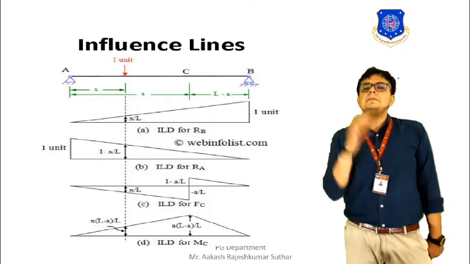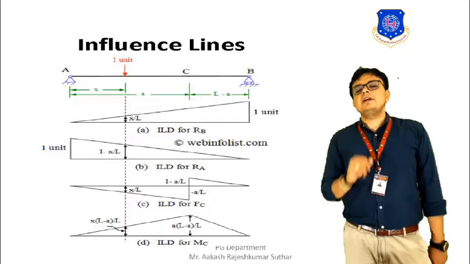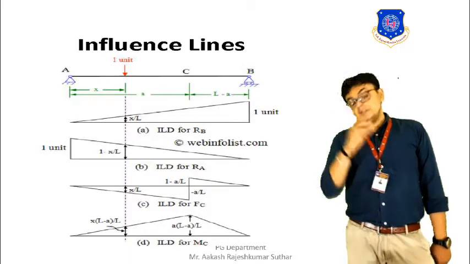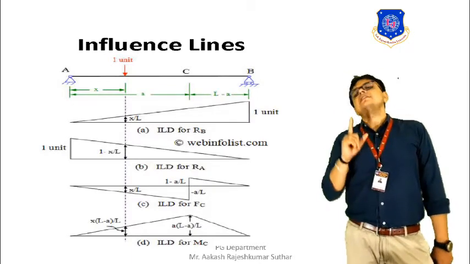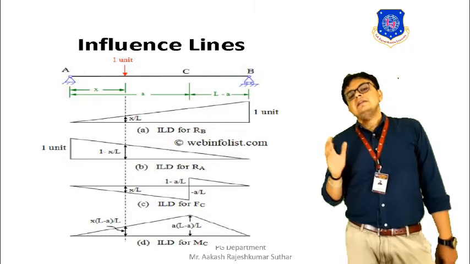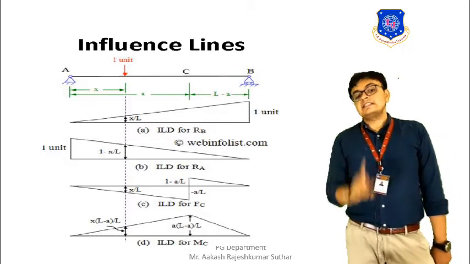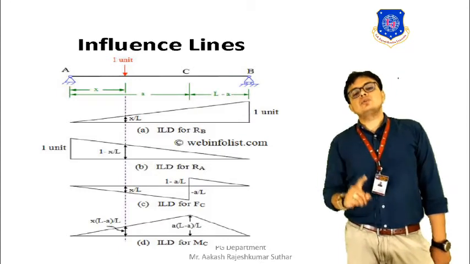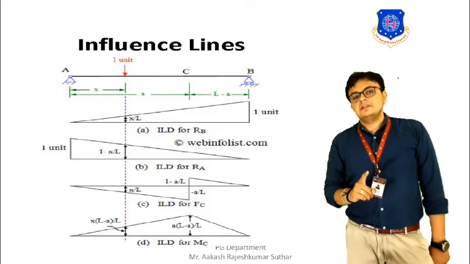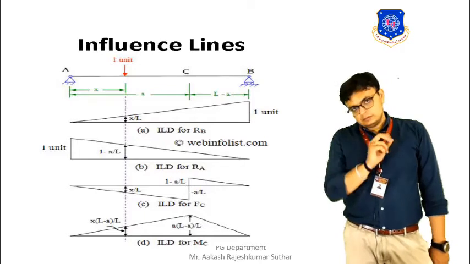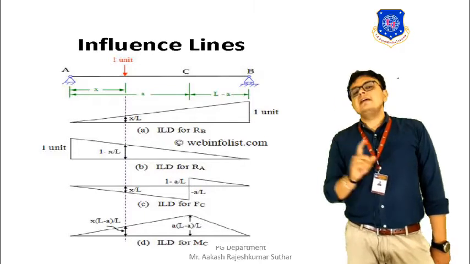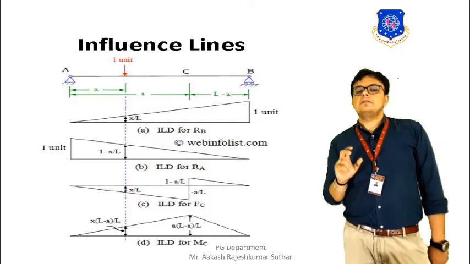When the reaction at B is equal to 1, the value will be unity at point B, and it will be 0 at A, and at distance x it will be equal to x by L, meaning the distance x divided by the overall span of the beam.